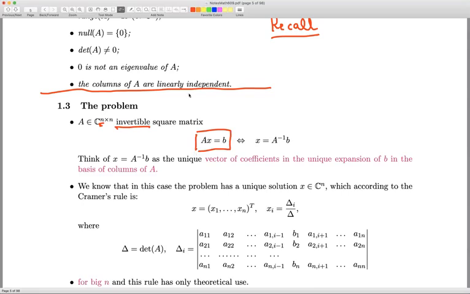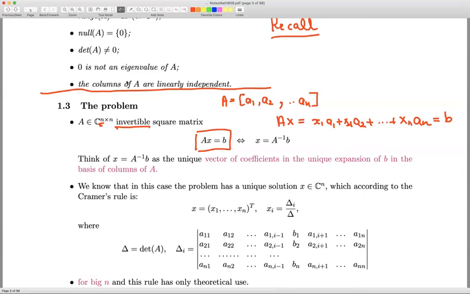In this particular case, as we discussed, if we look at the columns of the matrix A, A1, A2, and so on, An, then A times x will be the number x1 multiplied by the first column plus the number x2 multiplied by the second column, and so on, plus the number xn multiplied by the last column. And we want this to be equal to b.